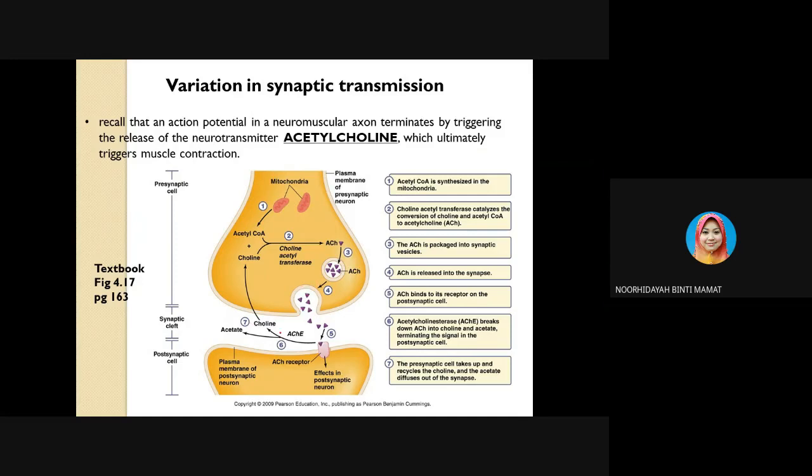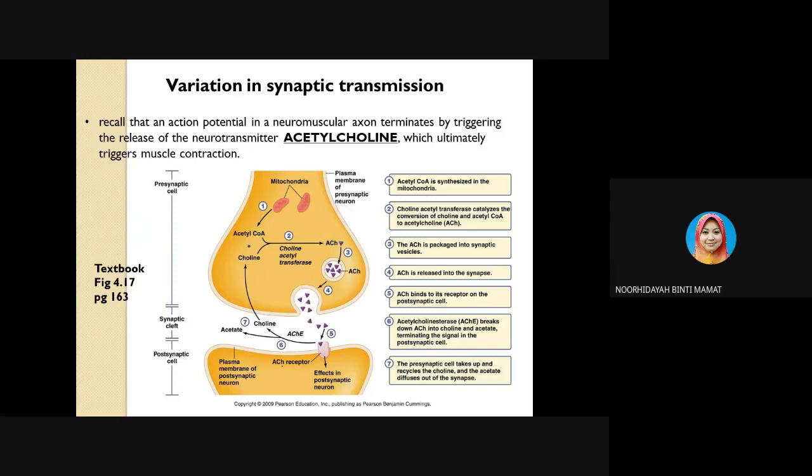The ACh is released into the synapse and the acetylcholine binds to its receptor. Then there is acetylcholinesterase, which breaks down the acetylcholine into choline and acetate, and the presynaptic cell takes the choline back up, recycling it.